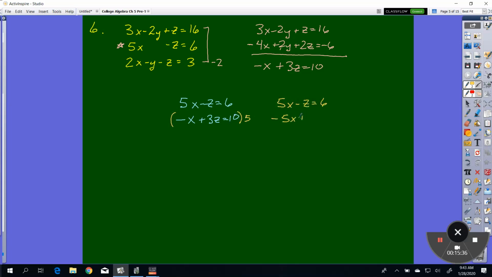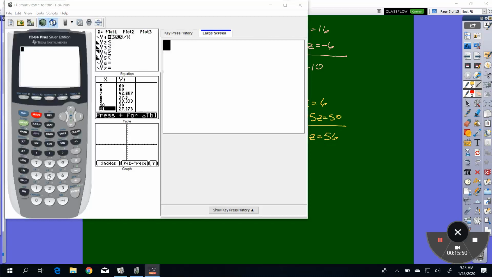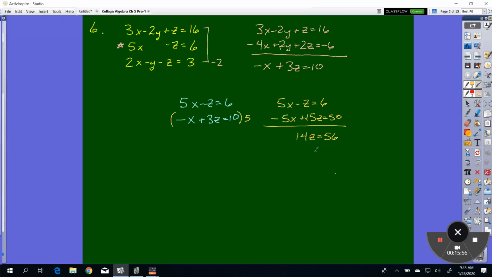Negative 5x plus 15z equals 50. So I have 14z equals 56. So I go to my calculator, I go 56 divided by 14 equals 4. So z equals 4.